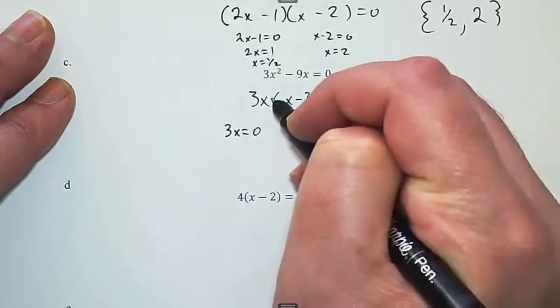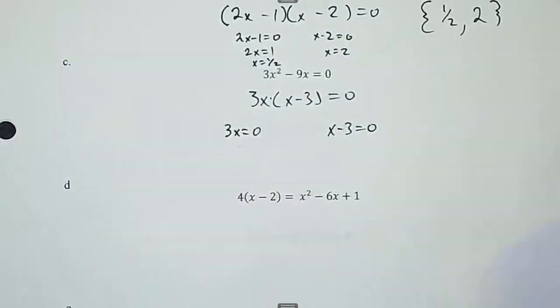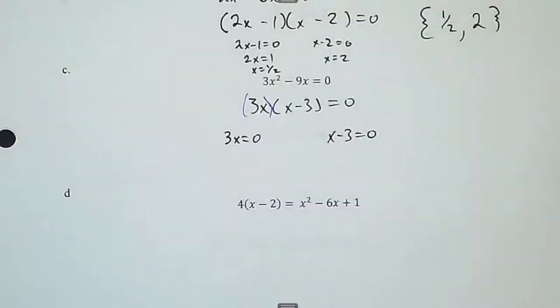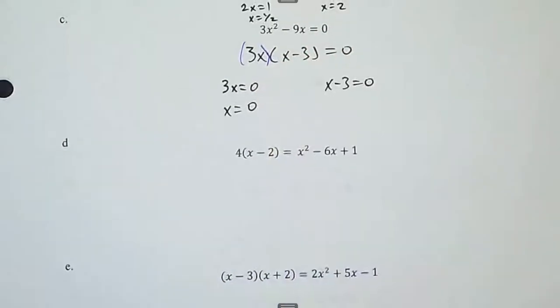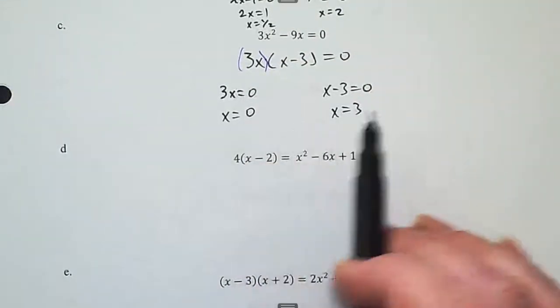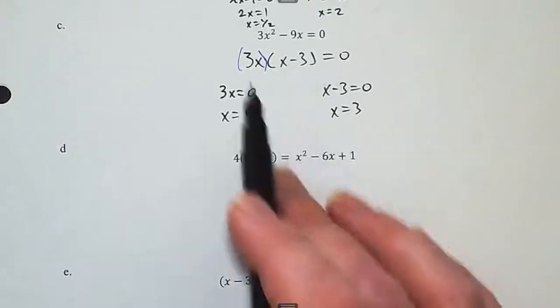Remember, factors are multiplied. I know this one looks weird because it doesn't have parentheses, but that's just because the parentheses aren't needed, because there's no plus or minus. But if it makes you feel better about yourself, put parentheses around it. So x equals 0 when I divide by 3, and x equals 3. Both of those clearly would work, right? Because plug in a 0, you get 0, and that's times something is 0.